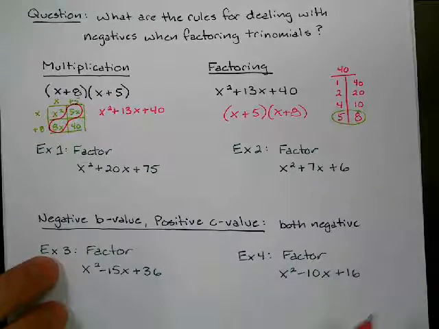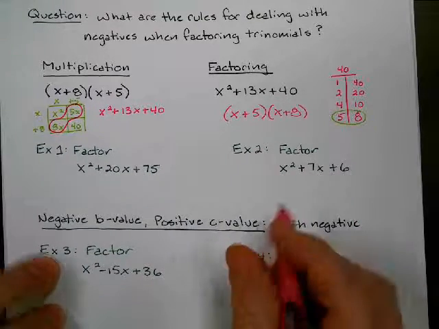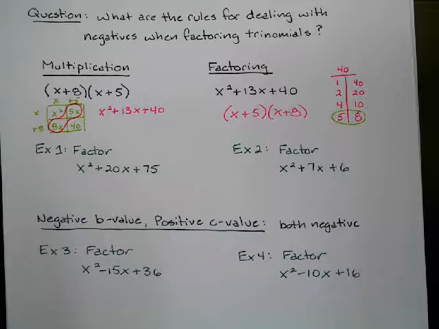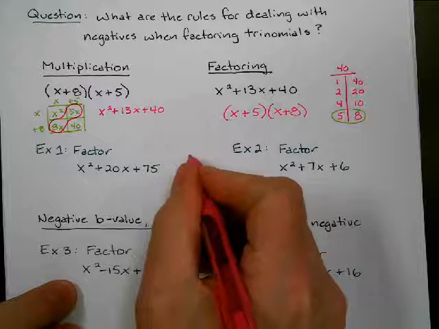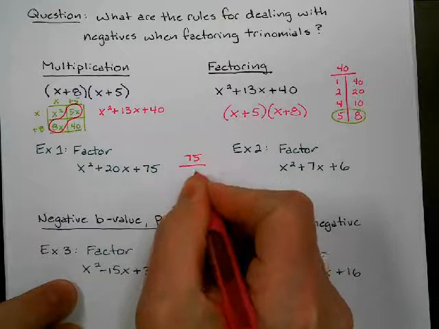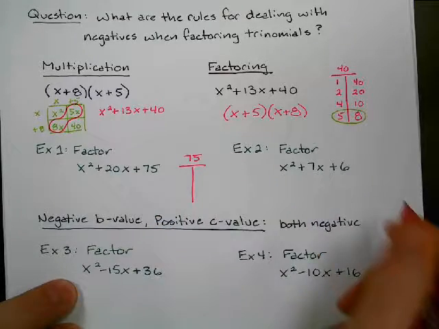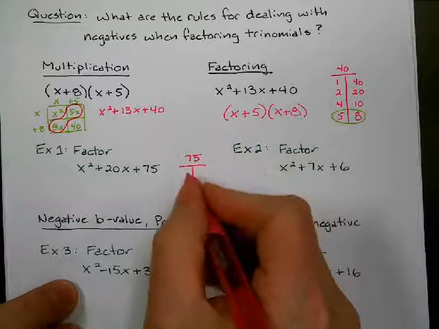All right, so let's go ahead and practice that. First of all, I am going to start by doing a little t-chart over here. I'm going to take my last number of 75, and think of all the different ways that I can multiply and get 75. I always start with 1.